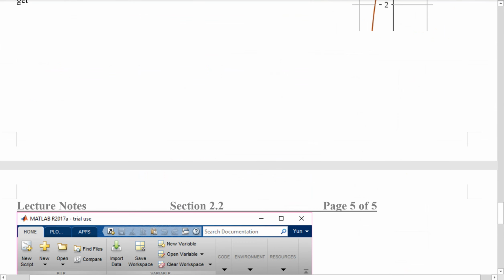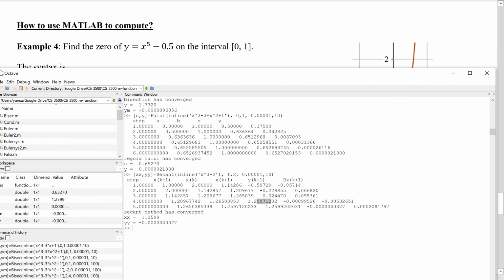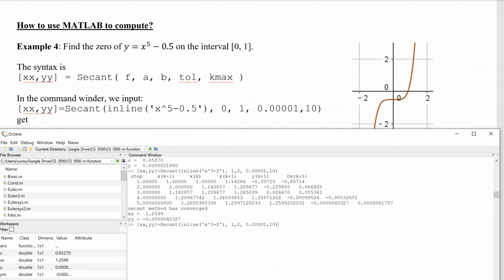Okay, so let's continue. So we have this example, right? Let's type this example in our MATLAB or Octave. Because we already typed it, we can just go up and find that line and change our function to be x to the 5th minus 0.5. And our interval is from 0 to 1. Okay, and enter.